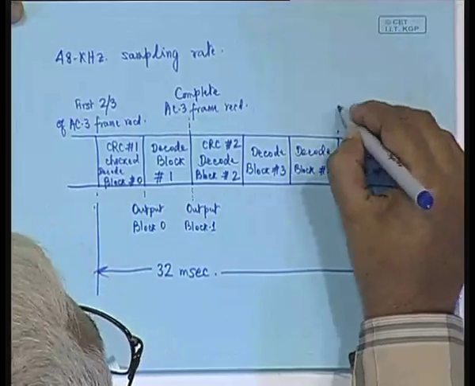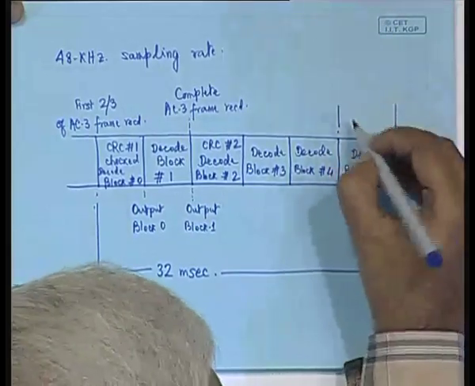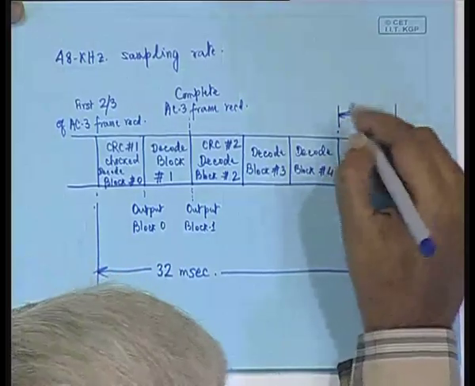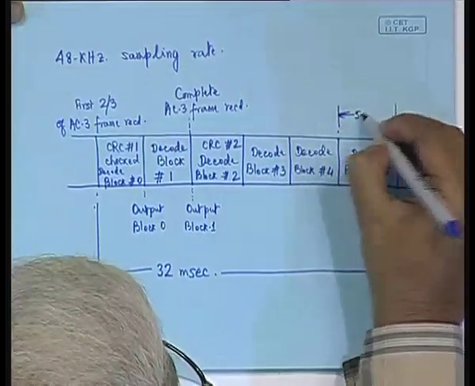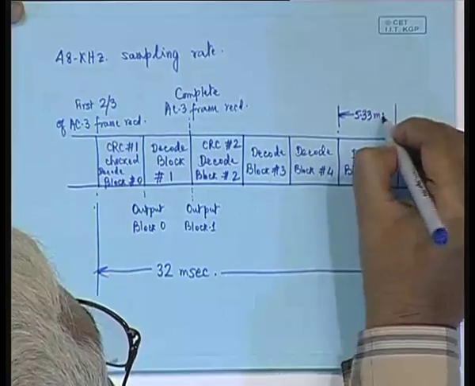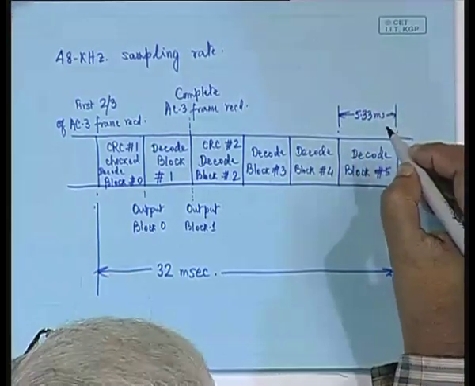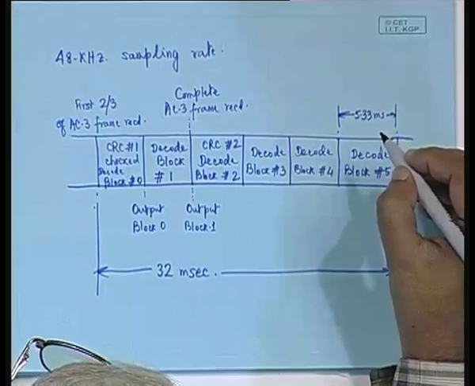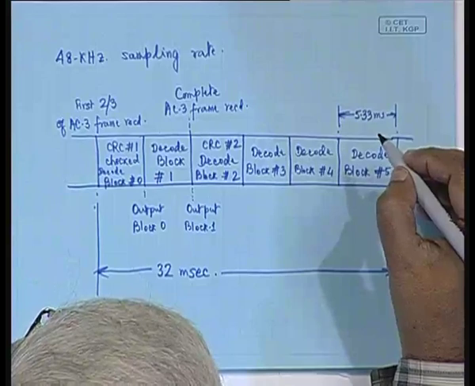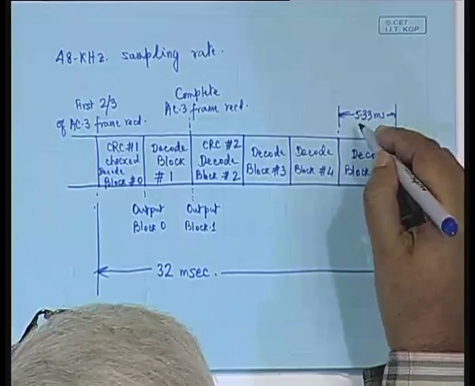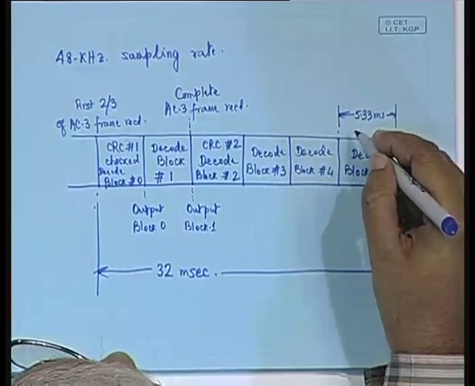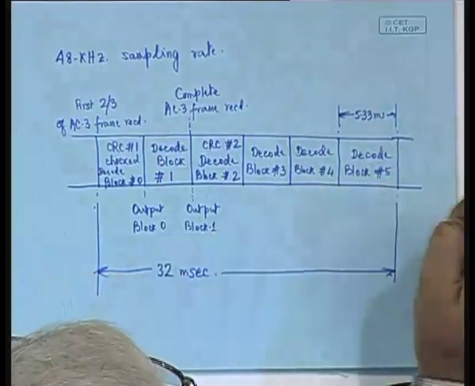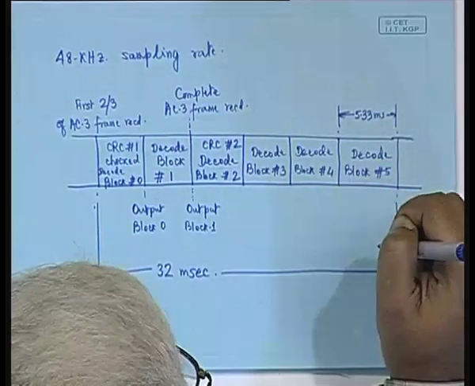And here we have a total time of 5.33 milliseconds. You see this is 1/6 of the total time roughly. Every block time is 1/6 of the total time, because 5.33 multiplied by 6 is 32, the total frame time.